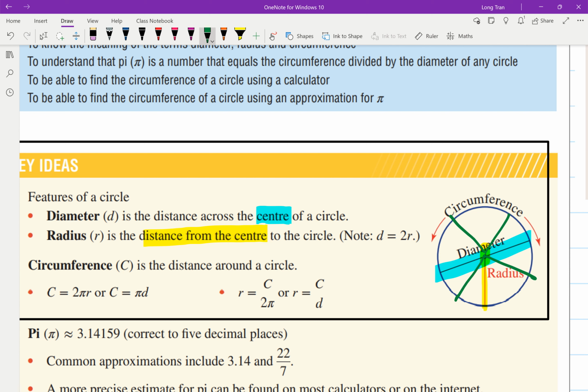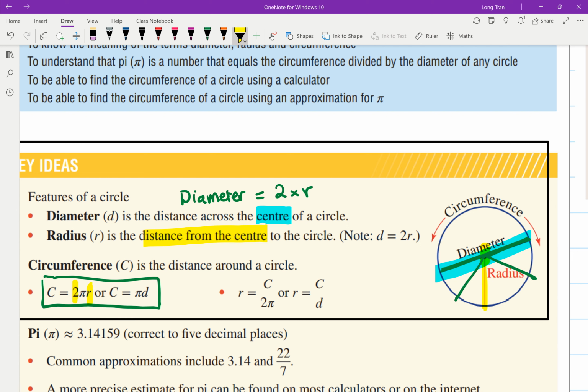So if I draw it again, here we go. This is a radius. This is also a radius. So that's why we can say that the diameter is equivalent to 2 times the radius. Very good. And that's why part of your formula, if you have a look down here, the formula for circumference, notice they have 2r and then d.